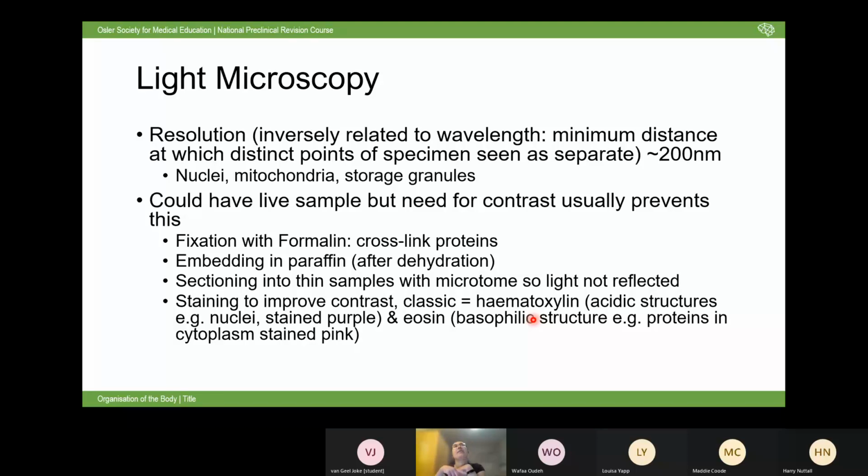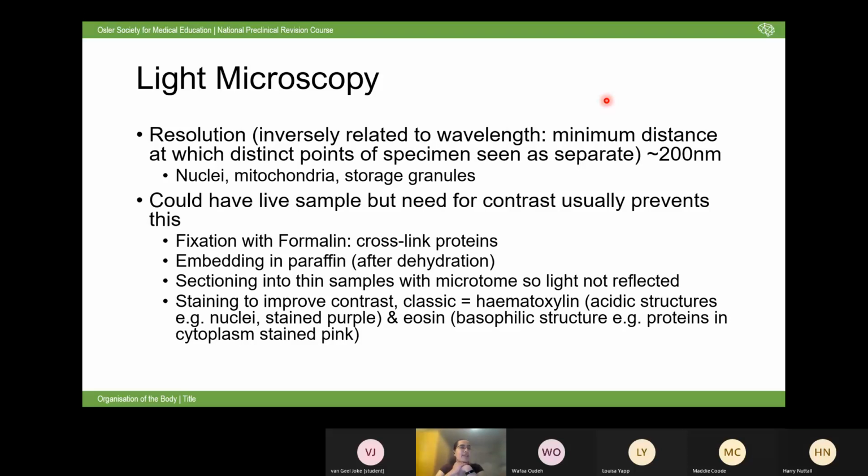And it's important to remember that this inversely relates to wavelength, because if you imagine a wave like that, then if two points are within a single wavelength, they won't be able to be differentiated. And so the shorter the wavelength is, the better the resolution is.